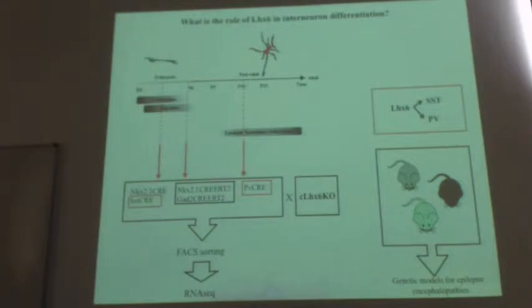I'm going to very briefly describe one of these conditional mice that we have generated. This is a mouse in which we have deleted LHX6 by using the Foxg1 Cre line, so we are deleting LHX6 from the early stages.